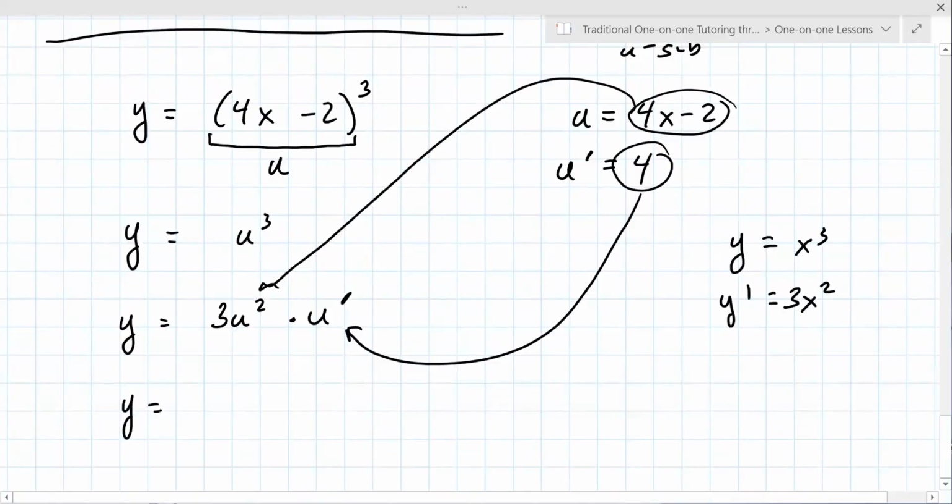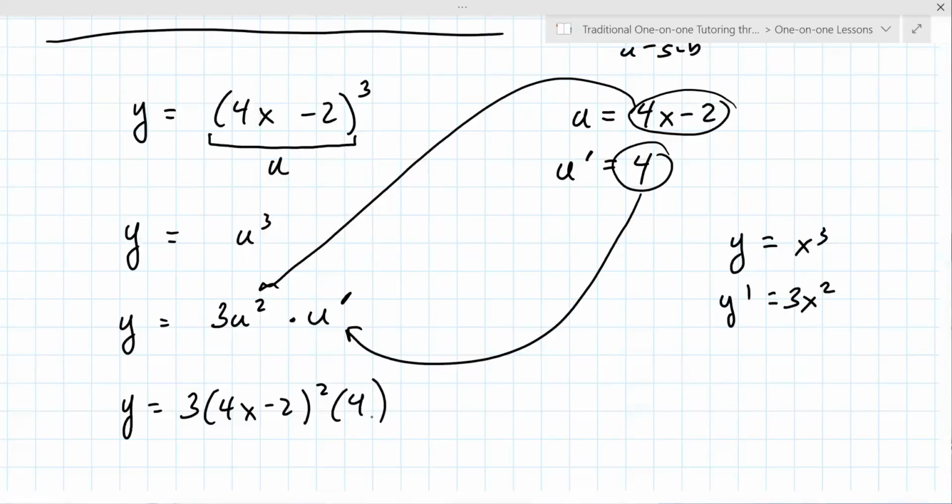So u is 4x minus 2 times 4. Just 4. That's u prime. U prime is 4. U is that.